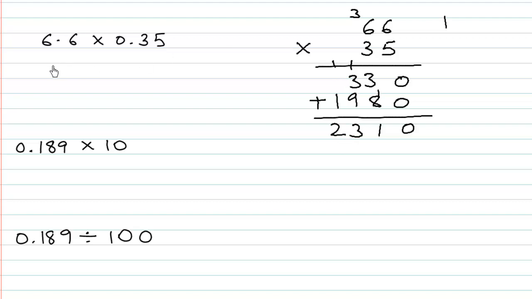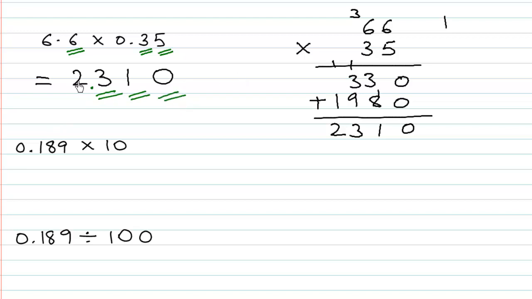So the answer to this is 2310. But wait, we had these decimal points. How many digits were there after the decimal point? There were 1, 2, and 3 digits after the decimal point. So starting from the back, we place the decimal point so that we have 3 places after the decimal point.